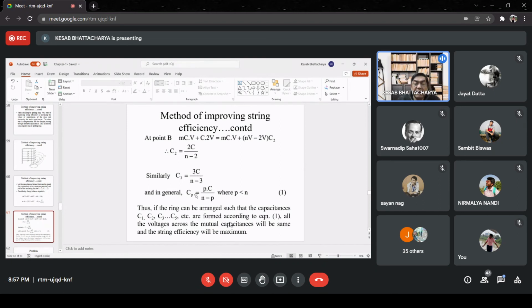And in general, Cp is equal to P into C by N minus P. Thus, if the ring can be arranged such that the capacitances C1, C2, C3, etc. are formed according to equation 1, all the voltages across the mutual capacitances will be the same and the string efficiency will be maximum.